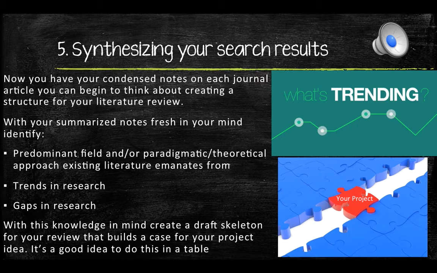Then you might want to identify existing studies that identify the relationship between physical activity and mental health. So both positive research findings and inconclusive research findings. And then you might want to do the same for studies that concentrate on the relationship between mental health and green space, so that you build up, first of all, an impact, a so what, and then a broader understanding of what's going on at the moment.